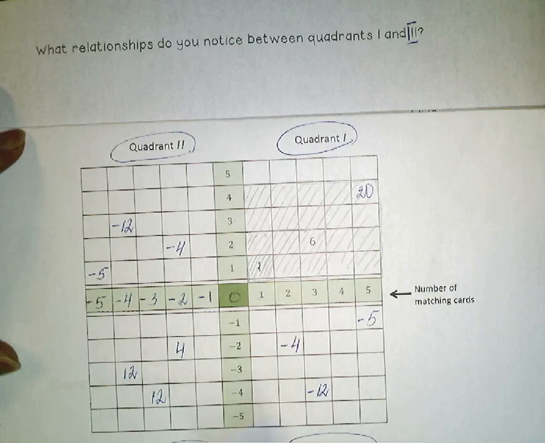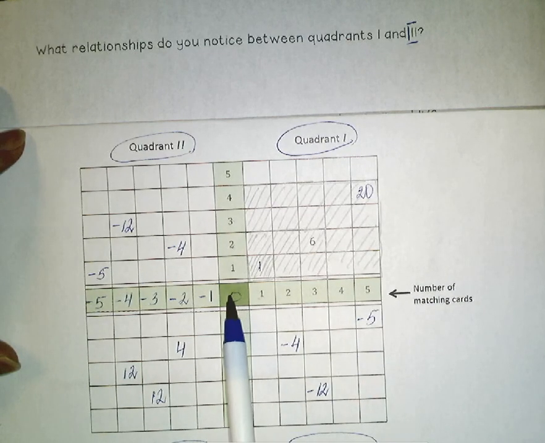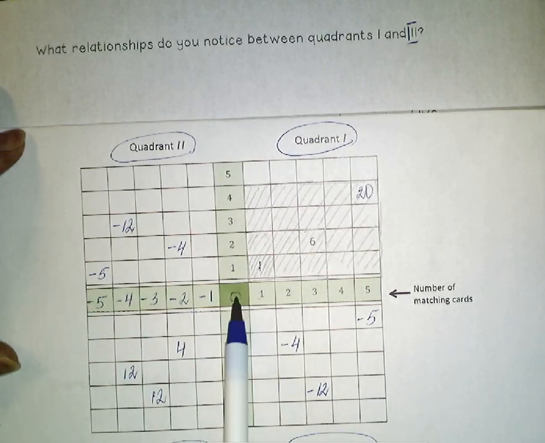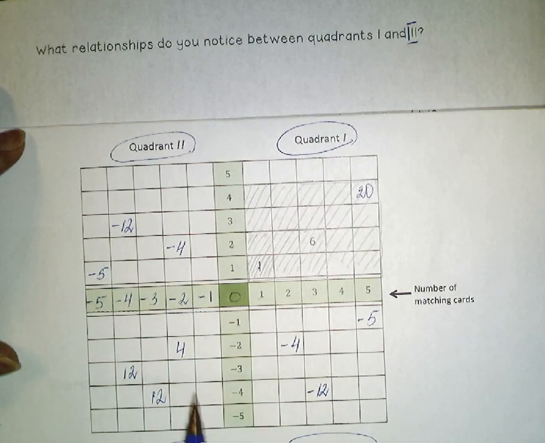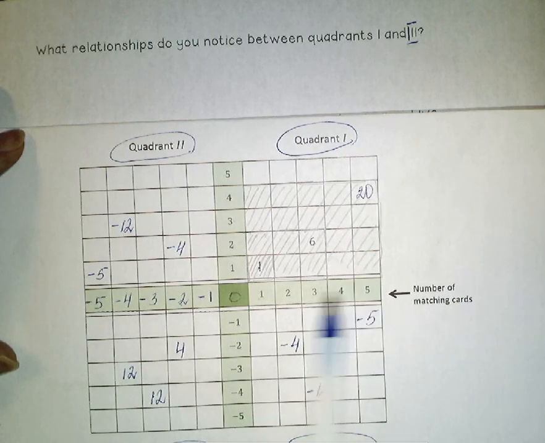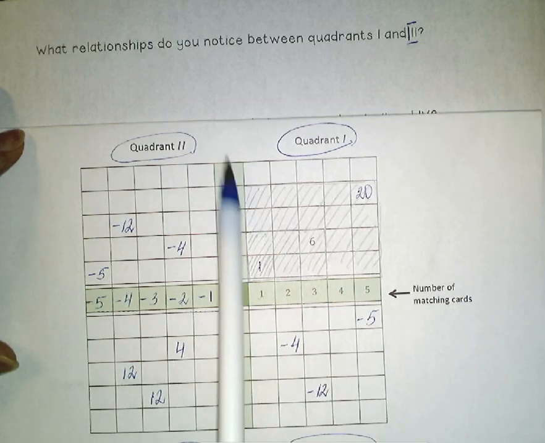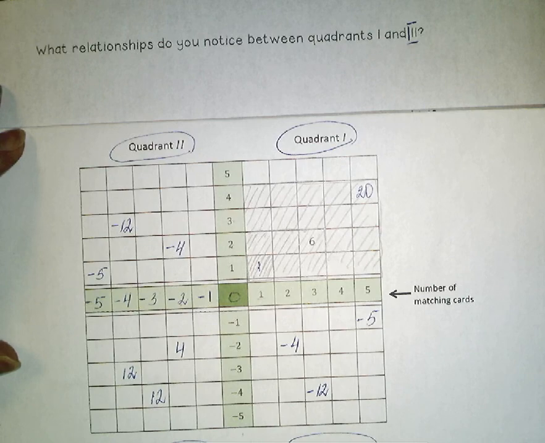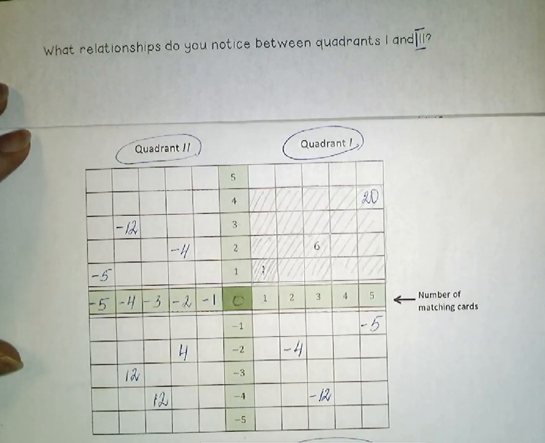What do we do here? Here we add numbers of positive cards, and here we remove sets of negative cards. So I'm multiplying positive by positive and negative by negative. Again, that restates the rule that we learned in lesson 10: when we multiply numbers with the same signs, our score is positive.